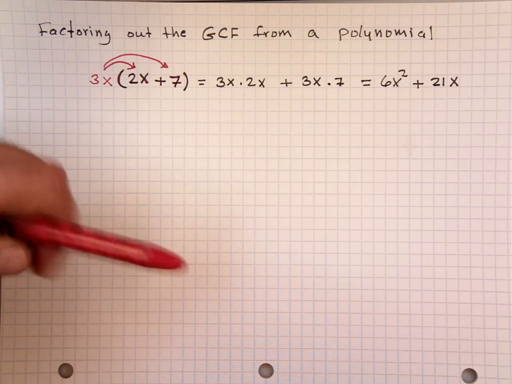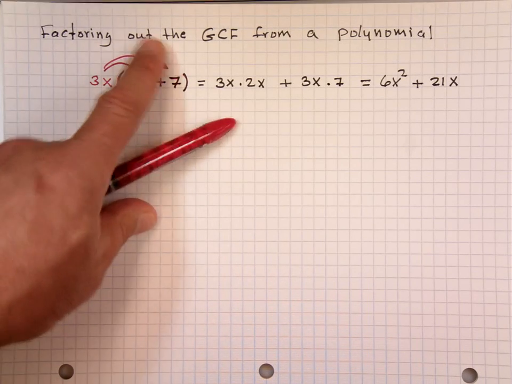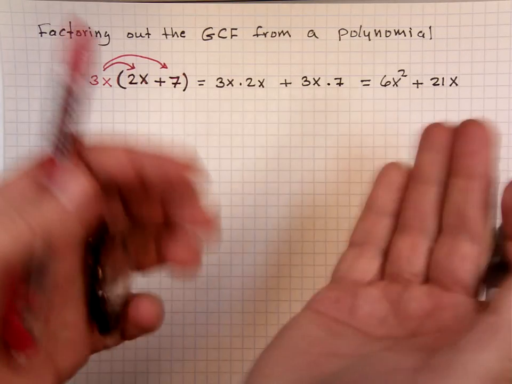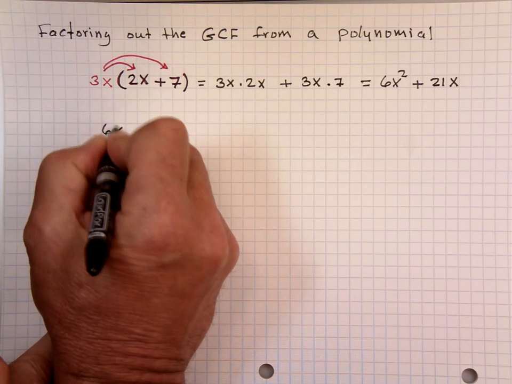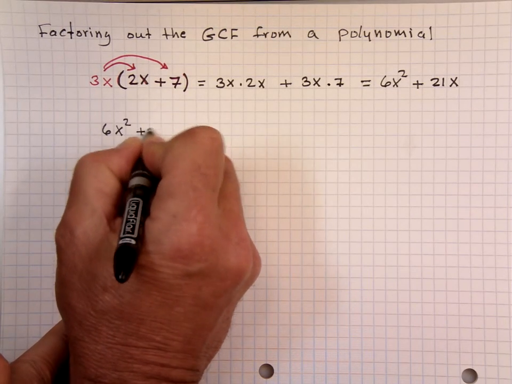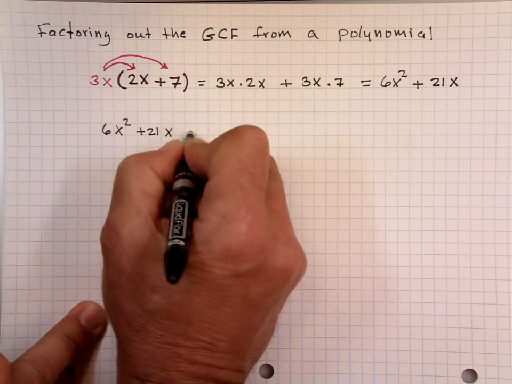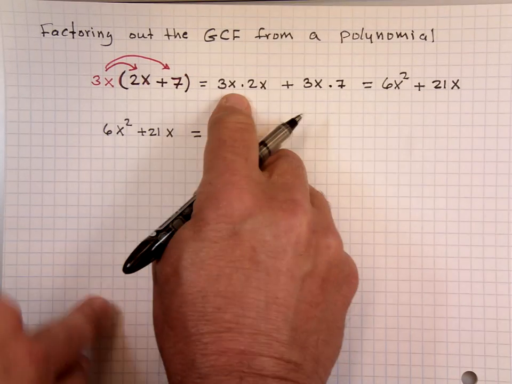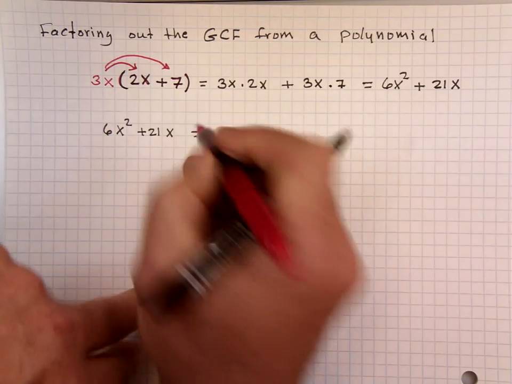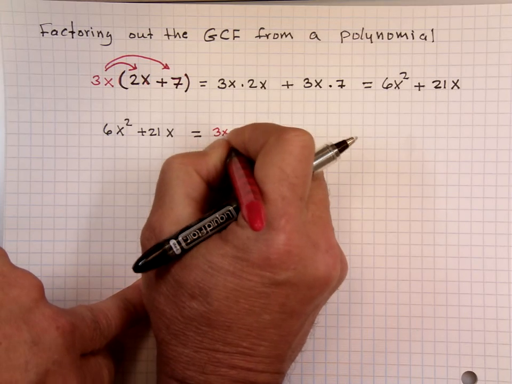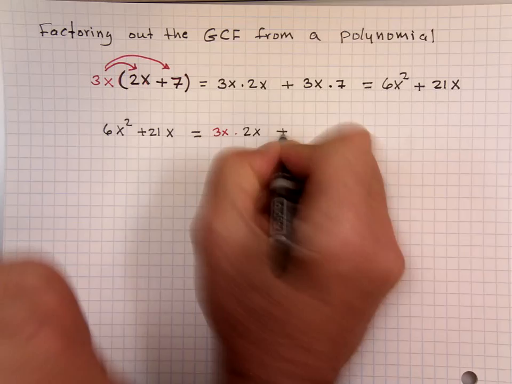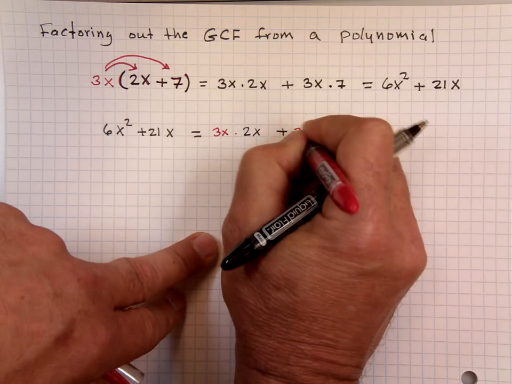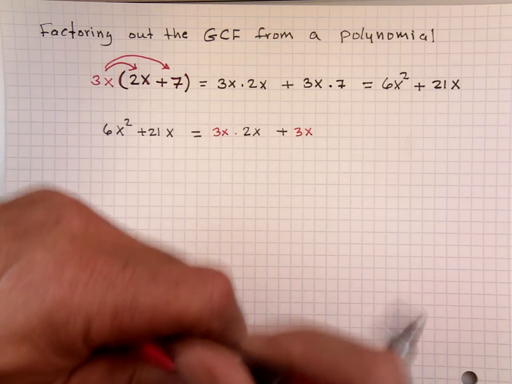Well, factoring out the greatest common factor is the reverse of that, taking this expression and working it backward, rewriting that as 3x times 2x plus 3x times the 7.